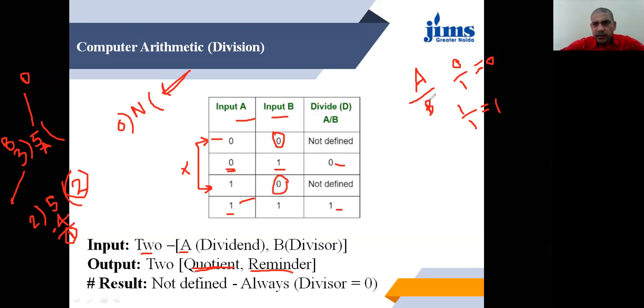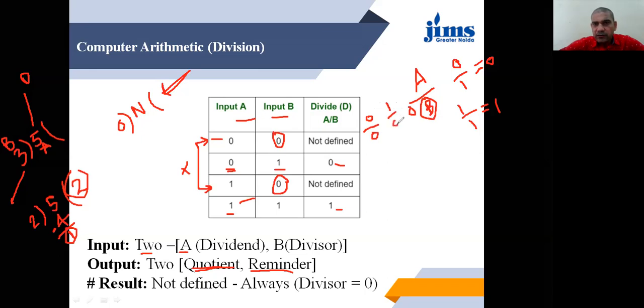It means we are going to divide a number by 0. The value of A can be 0 or the value of A can be 1. So possible combinations are 0 divided by 0 and 1 divided by 0.